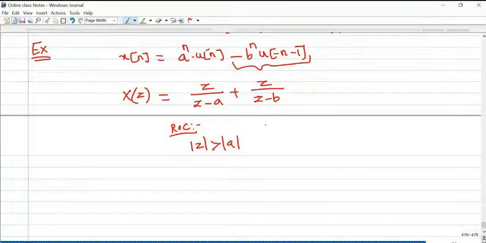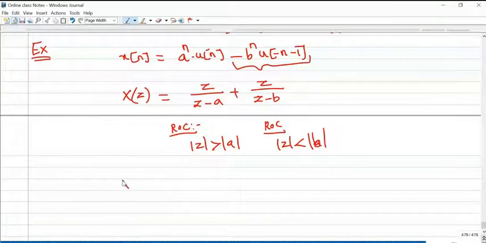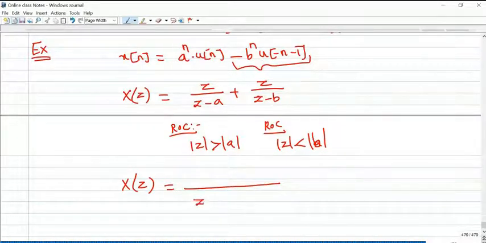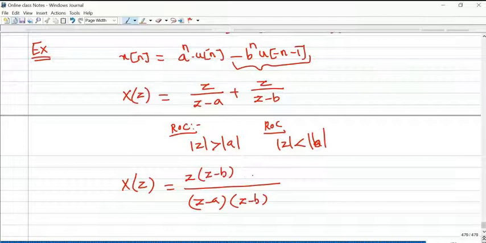Condition for ROC, second term, for this particular term: modulus Z is less than b. So whenever you are finding the Z transform of more than one signal mixed together, you have to simplify and write down the final answer. Z minus a, Z minus b. So Z into Z minus b plus Z into Z minus a. Further simplify and write down your final answer.